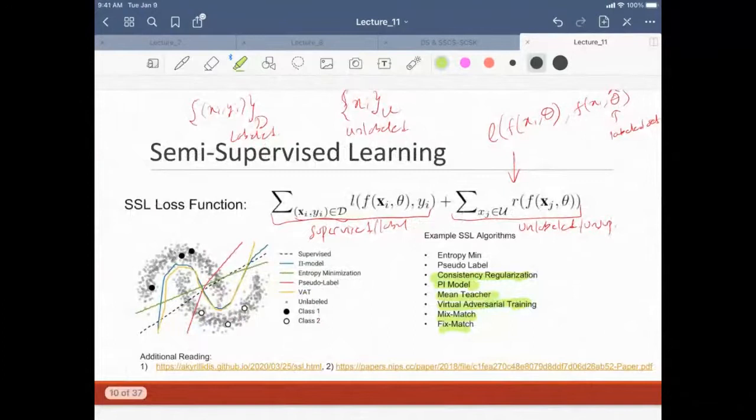The basic intuition of many of these algorithms is exactly the same. They take these points and apply some augmentations or some perturbations to them. And what the regularization will enforce is that once you apply perturbations, the point should belong to the same class. This very simple regularization will ensure that the decision boundary moves something like this.